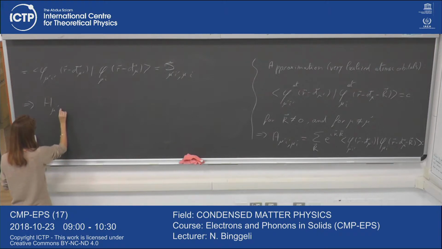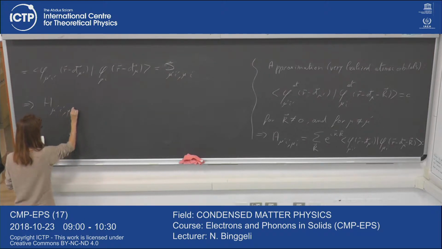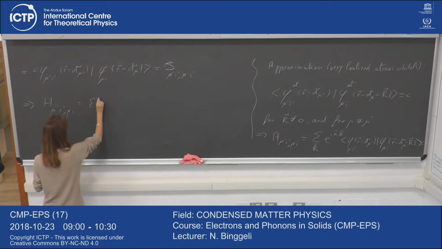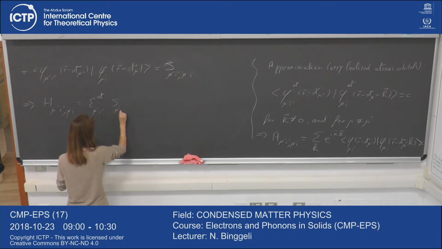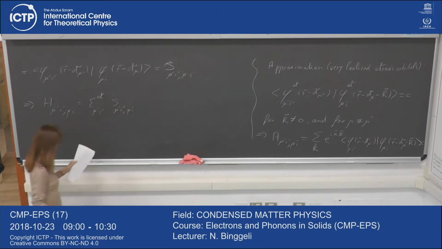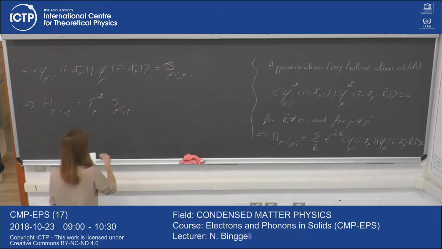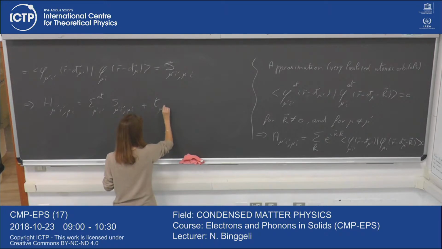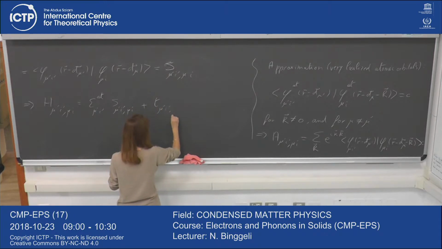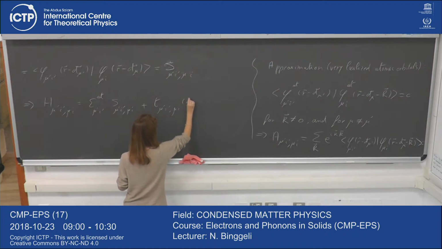So H of mu prime I prime, mu I is equal to the atomic energy mu prime I prime times the delta mu prime I prime, mu I. This was originally the overlap matrix, but it simplifies with our approximation, and then we have the hopping term T mu prime I prime, mu I of k.